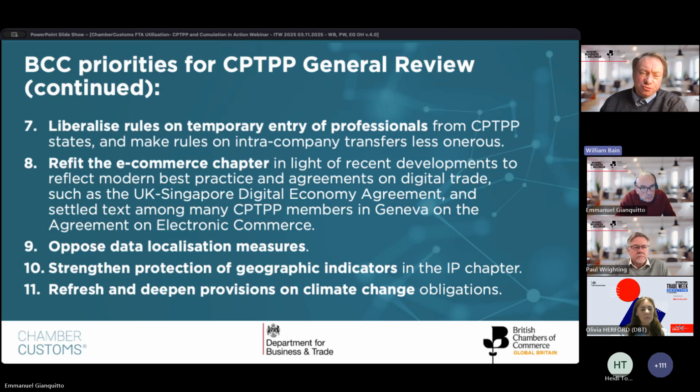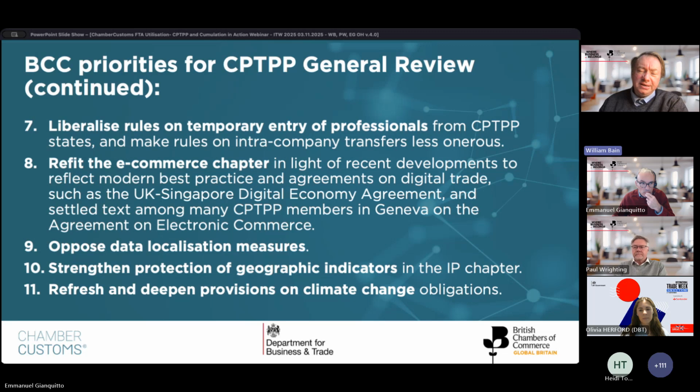So we hope that this review, when it's concluded by the end of this year and when the officials in the Secretariat come forward with recommendations to deepen the agreement, will also look at this issue and make rules on intra-company transfers much less onerous. That would be very helpful, again, in terms of services trade.